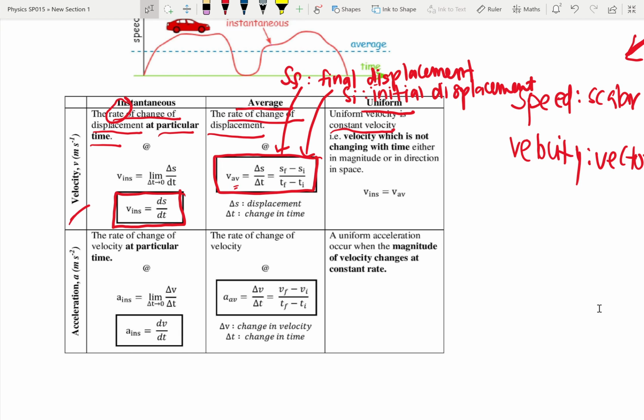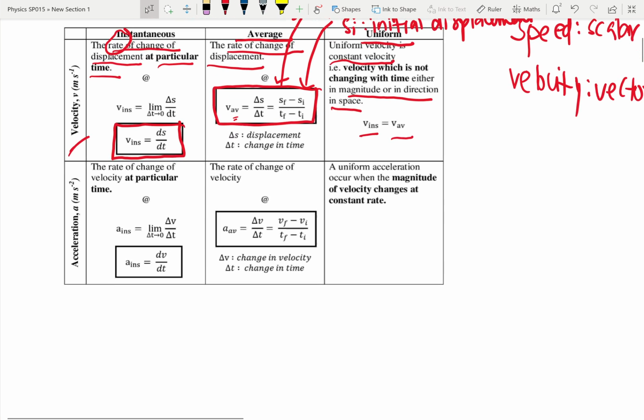It has no change in velocity: velocity which is not changing with time, either in magnitude or direction. So when an object moves in uniform velocity, v instantaneous will equal v average.